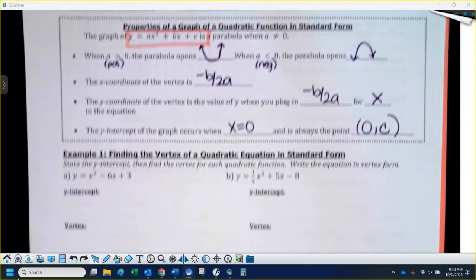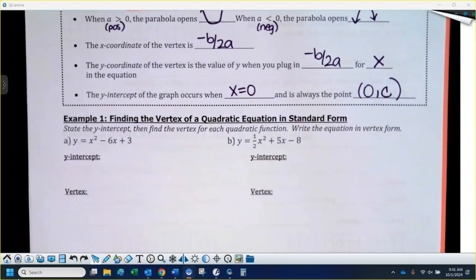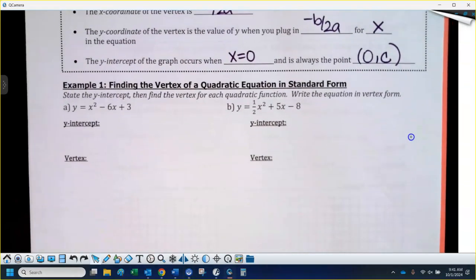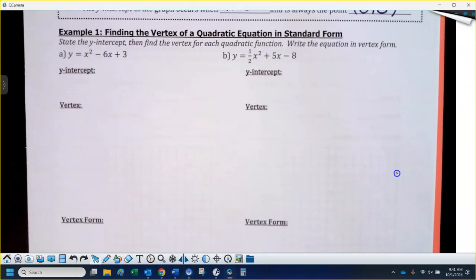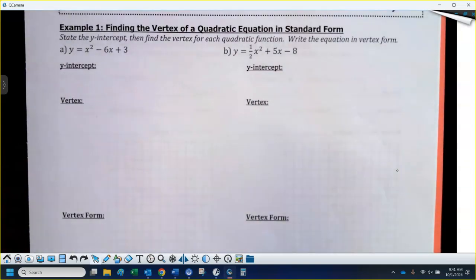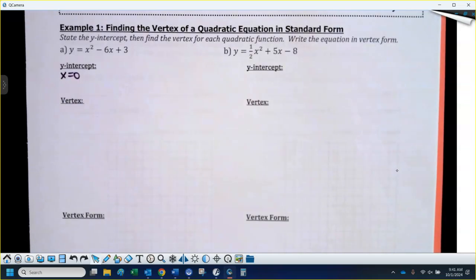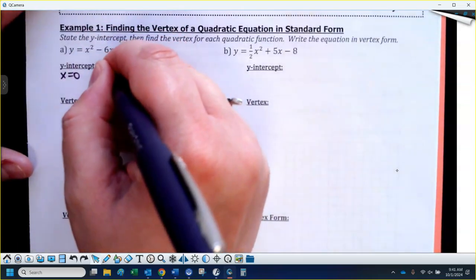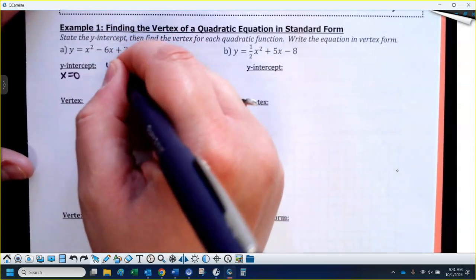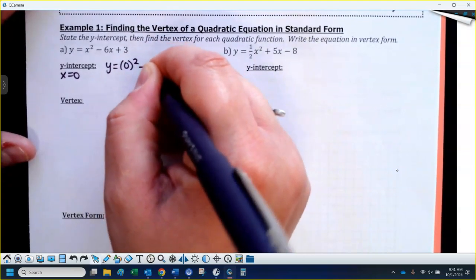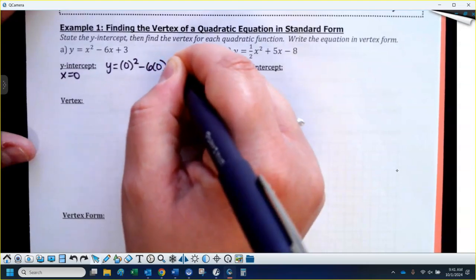So we're just going to practice finding the vertex, and I'm going to have you write these in vertex form and standard form just to relate them. So the y-intercept, for any graph, is where it crosses the y-axis, and the x value would be 0. Now, you don't have to write this, but for the y-intercept, if I plug in 0, 0 squared is just 0, minus 6 times 0 plus 3.